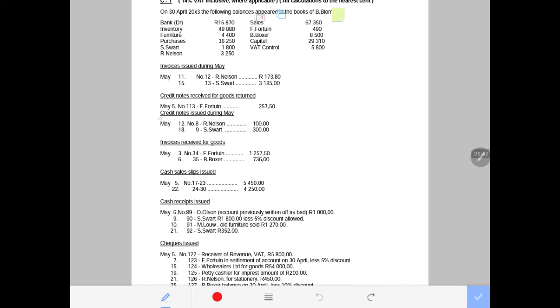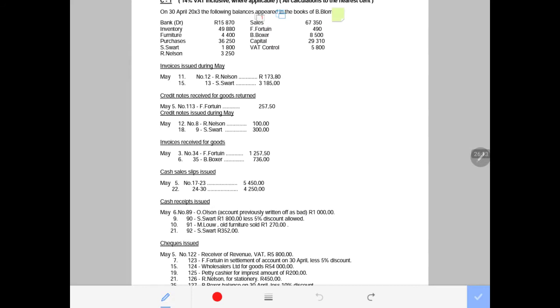We have the credit notes that were issued during the month of May, meaning the 12th and the 18th. Now credit note means that we have sales that took place and the customer returned.